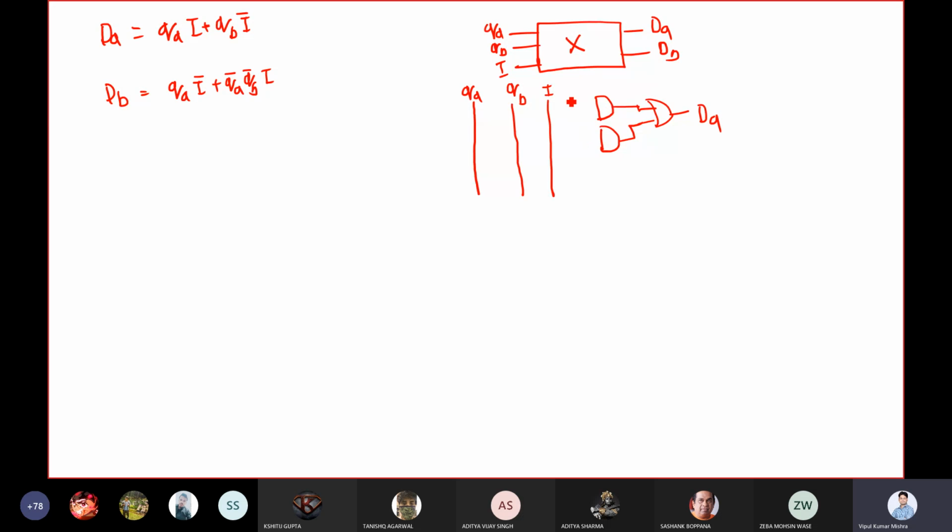Now let's look into the inputs. Let me change the color so that you can easily figure it out. So it's QA, that will go in here. Then you have I bar. One way to represent I bar is like this as well: I and a bubble here. Bubble means not of I that we are putting as input.